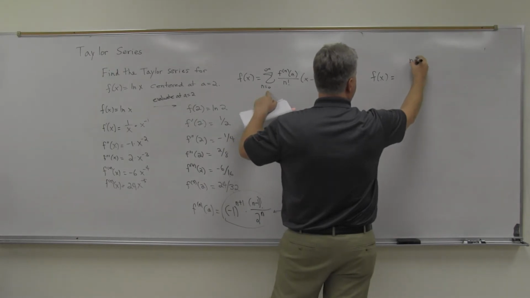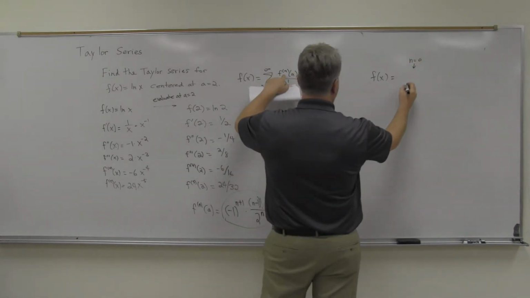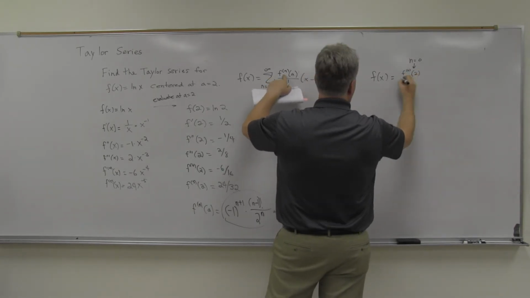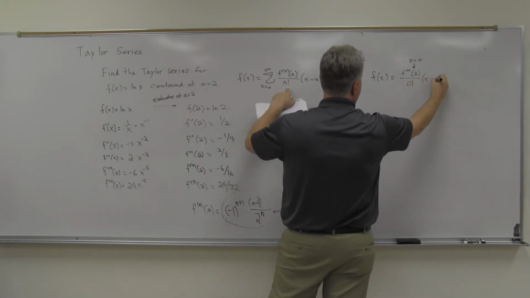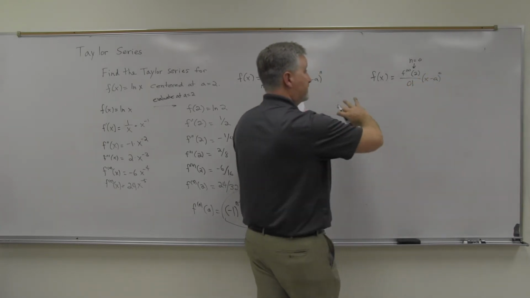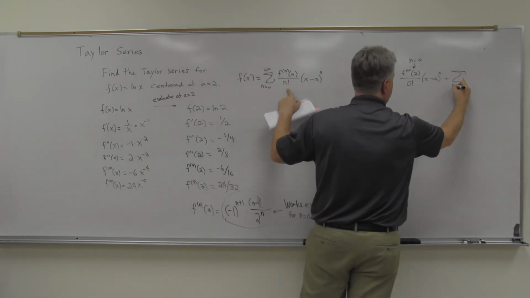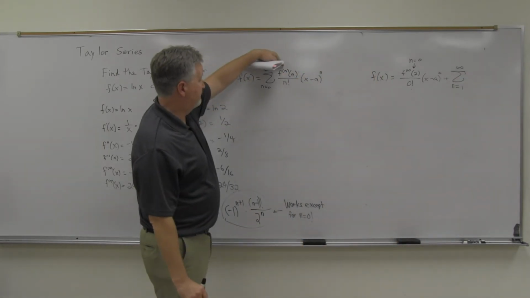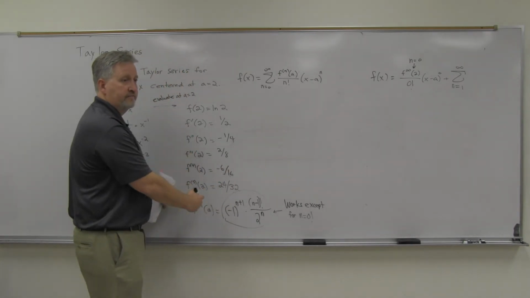and so I'm going to pull out n equals 0 separately, and so that would be, again, f of 0 at 2 divided by 0 factorial times x minus 2 to the 0, which again, a lot of that's going to go away, but you see what I'm getting at here? Then I can put in my generic form for n equals 1 to infinity, because this is going to work from 1 on.